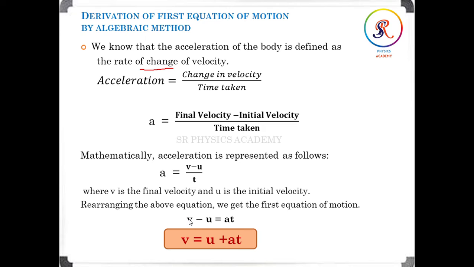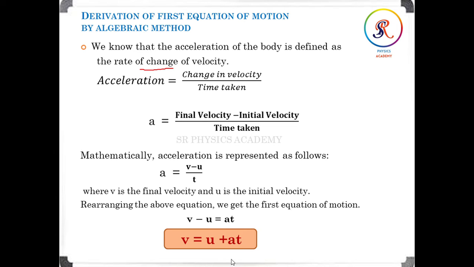The first equation is V equal to U plus AT. How did we get it? Minus U will go to the right side of the equation. So we will get V equal to U plus AT. This is our first equation of motion.